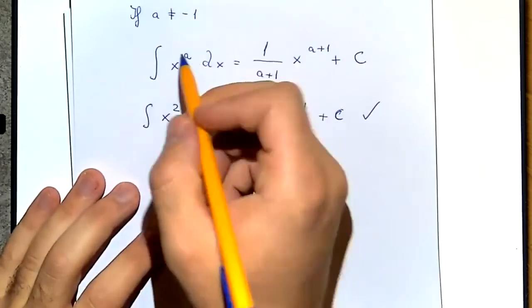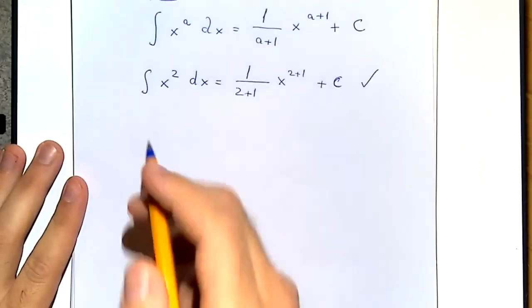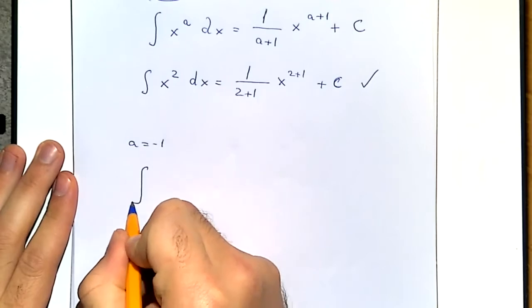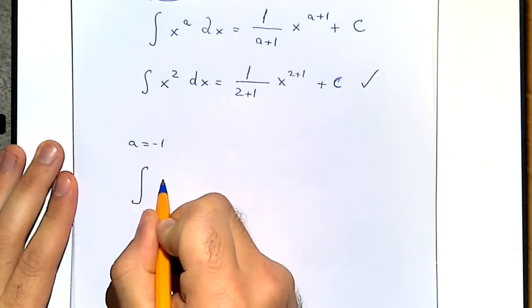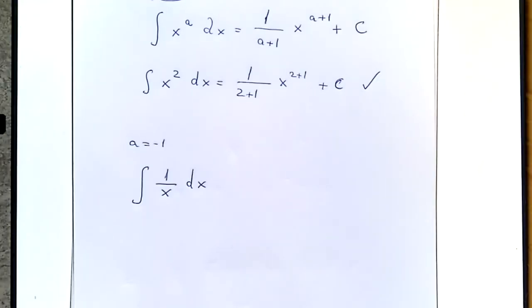I said here that a has to be different than -1. So it obviously means that the formula in case a is equal to -1 has to be different. So what is that? It's x to the -1, so that's the integral of 1 over x dx. When you took a derivative of something and you got 1 over x, what was that?